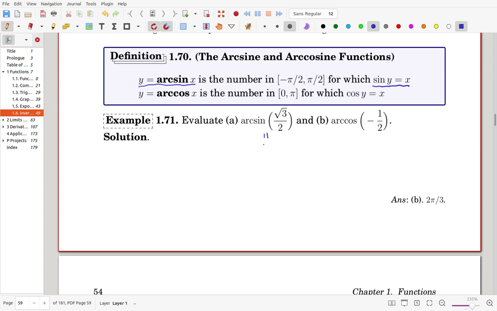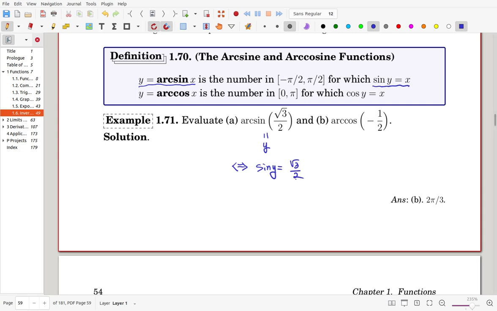You can choose any letter. Okay, let's say this is y. Then it is the same as, from the definition, sine y equals square root of 3 over 2. Right?